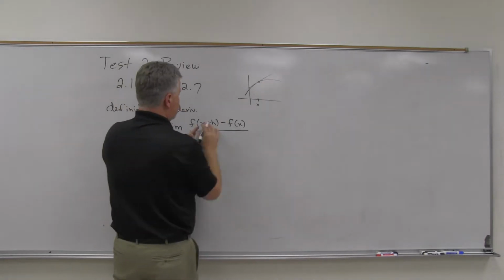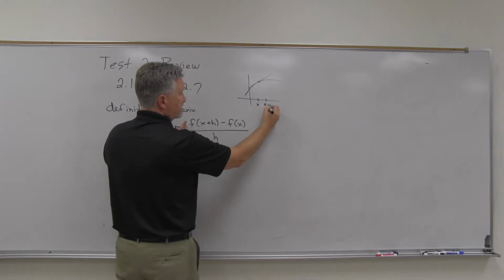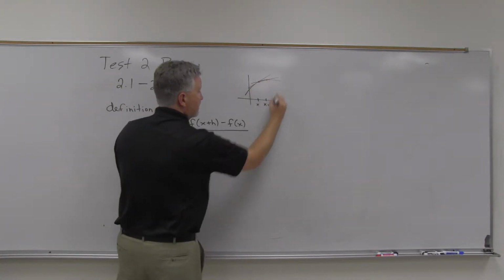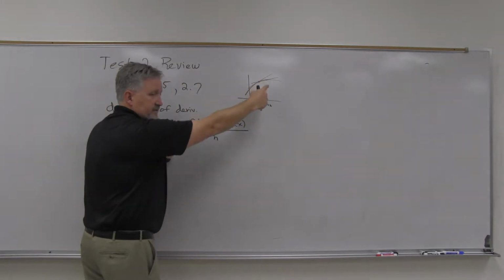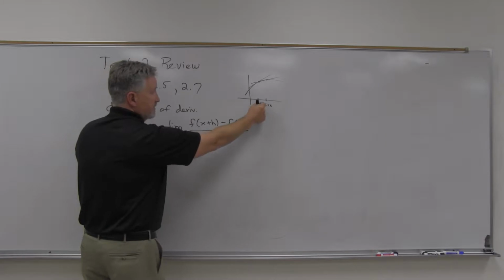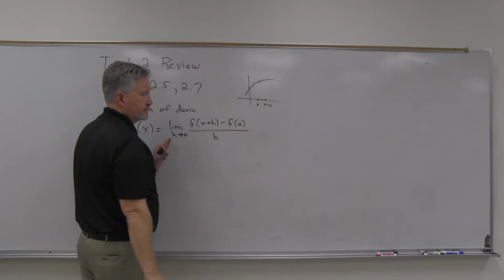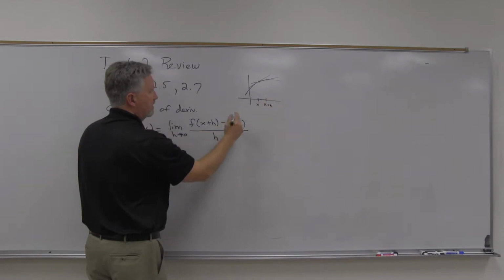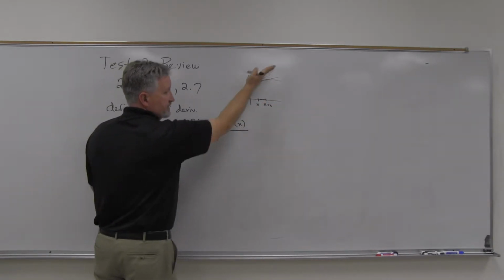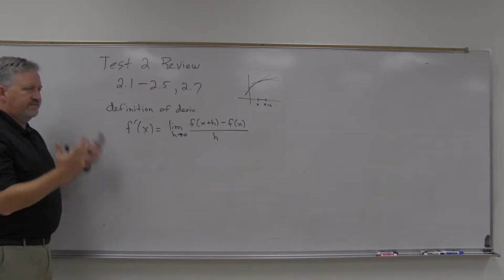The way we found it is, if we go out to x plus h, then we've got this secant line, right? That's the slope of that secant line. What this says is if we let h come into 0, which means h is getting closer to 0, so we're coming into that x, that secant line slope matches the slope of the tangent line as we come in. That's our definition of derivative.